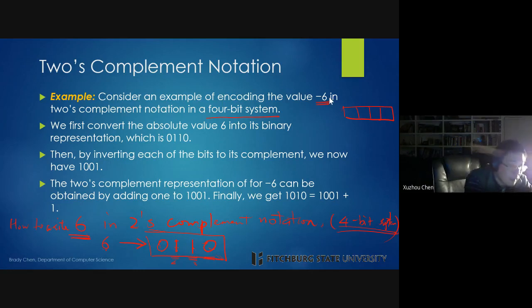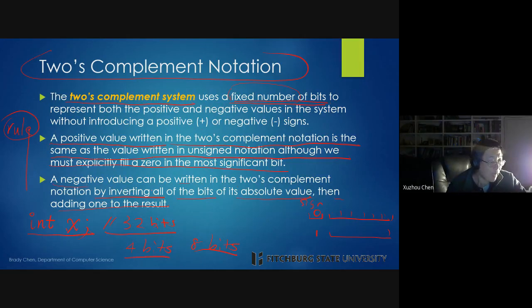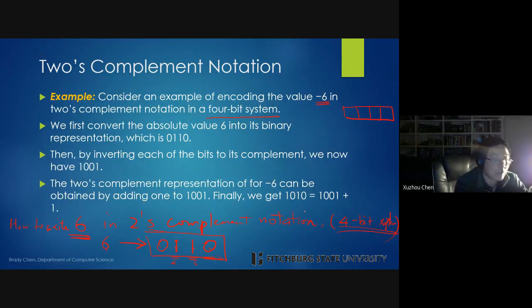For -6, the general rule is: a negative value can be written in two's complement notation by inverting all the bits of its absolute value. So for -6, I first take the absolute value, getting rid of the negative sign, which is 6.